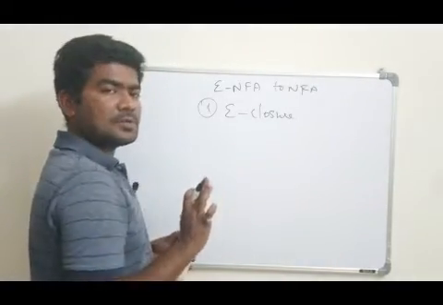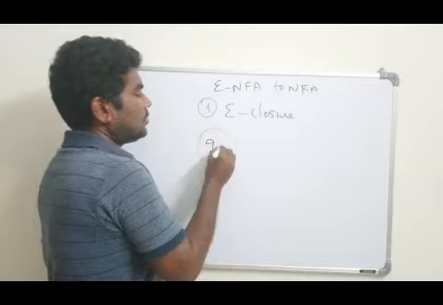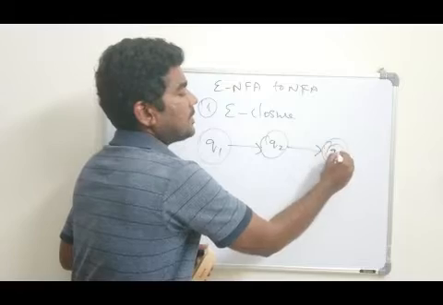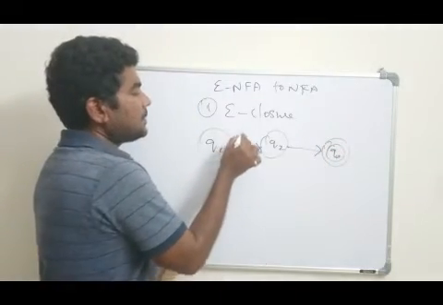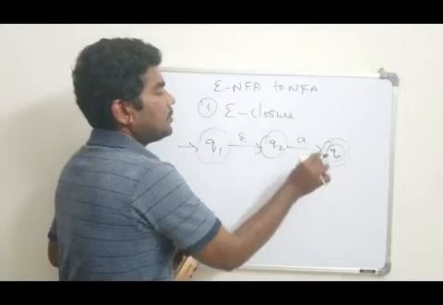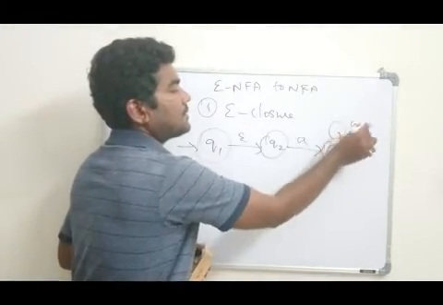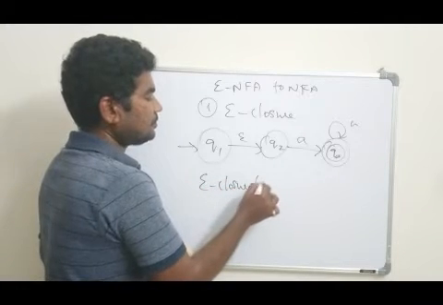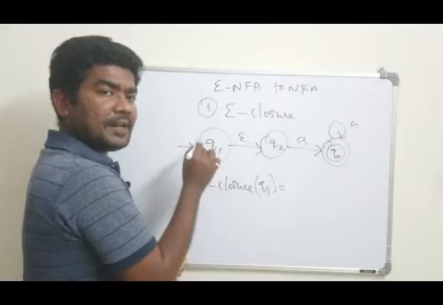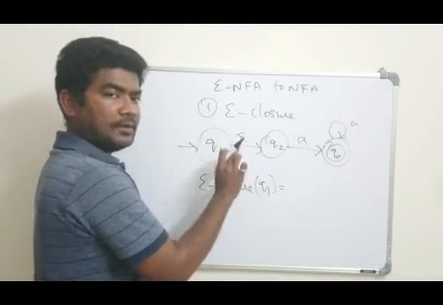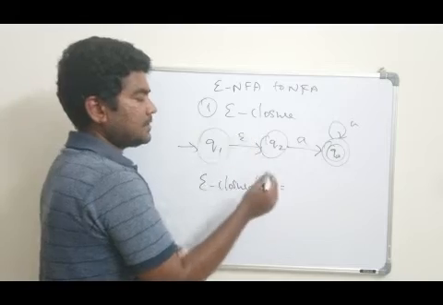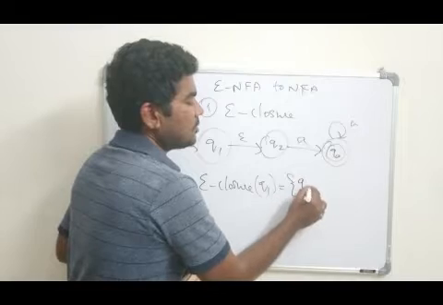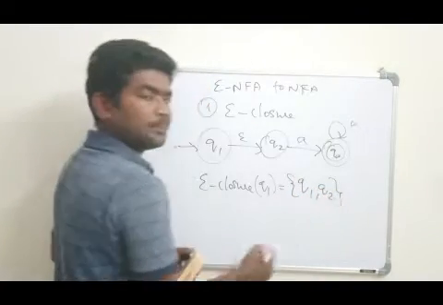For epsilon closure, suppose you have 3 states: Q1, Q2, Q3. Here there is an epsilon from Q1 to Q2, and no epsilon from Q2 or Q3. If I write epsilon closure of Q1, wherever the epsilon path goes from Q1, you take all the paths till the destination. Q1 ends with Q2, so you take Q1, Q2.